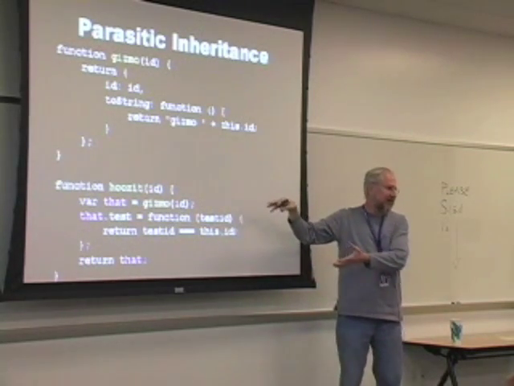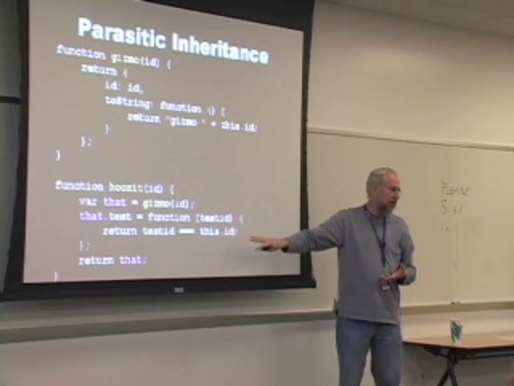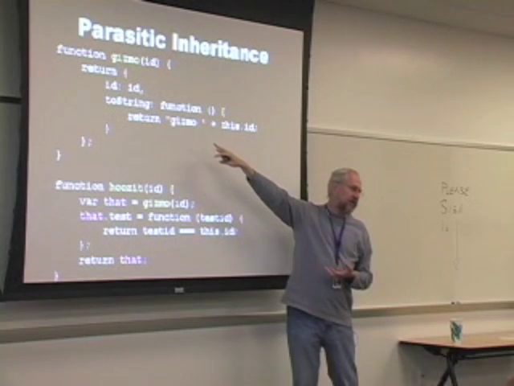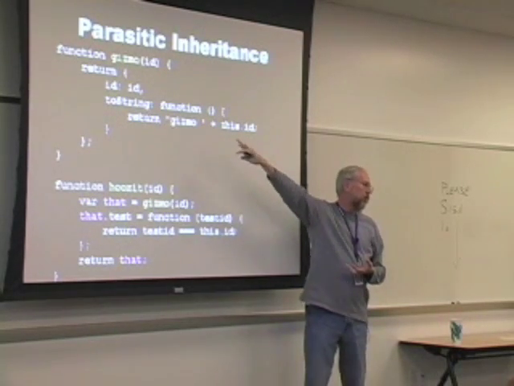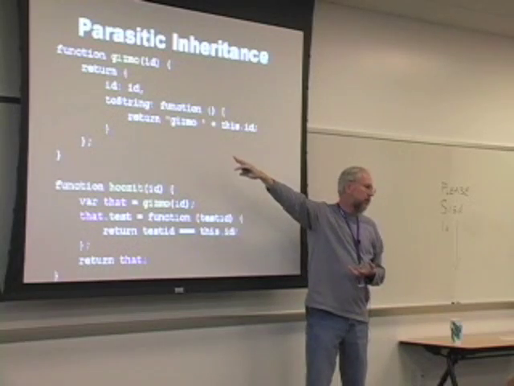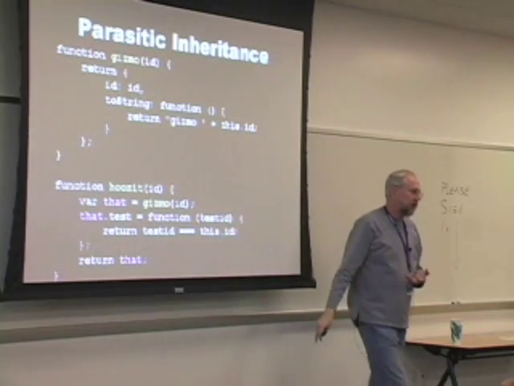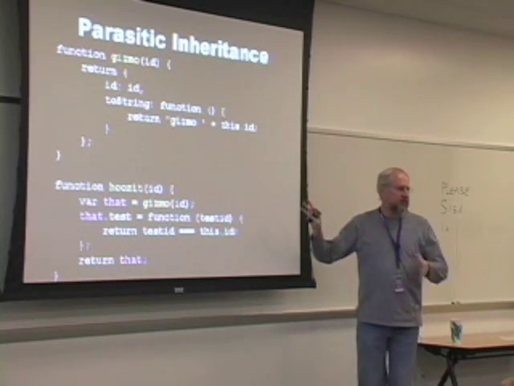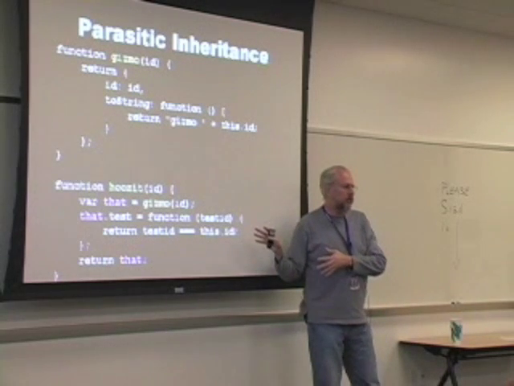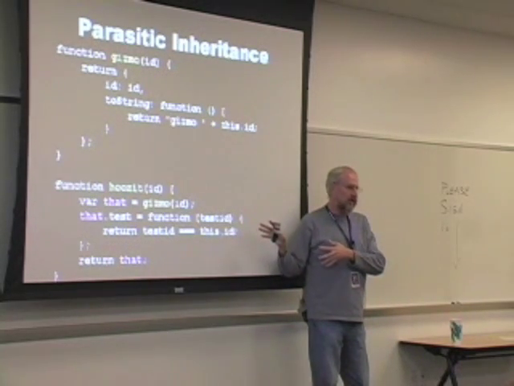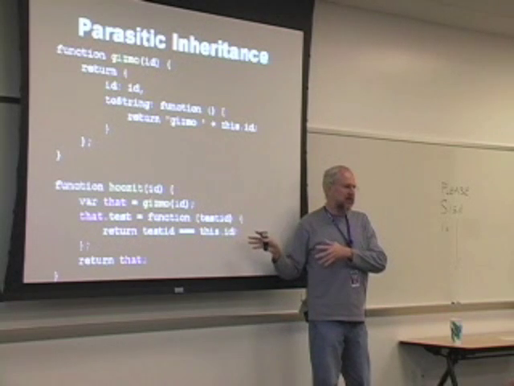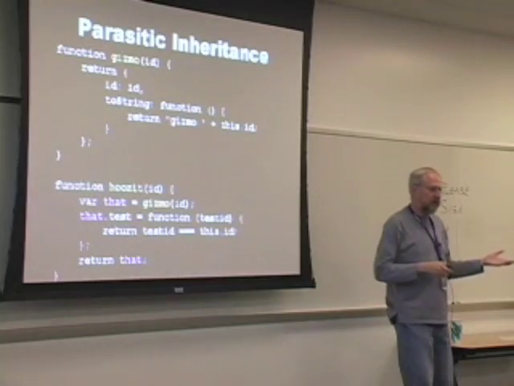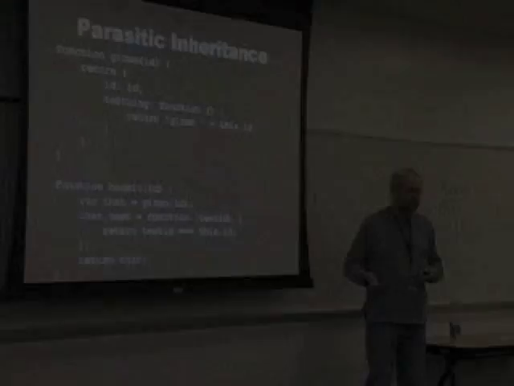Everything I need to know to make a Who's It is right there. We got rid of the duplication of the setting of the ID property. We now let the other constructor do that for us. So that little bit of work went away. Just a little bit simpler. As we'll see, this is actually conforming more to what we do in a true classical pattern. It's just that it's happening dynamically at runtime rather than statically at compile time or class definition time.